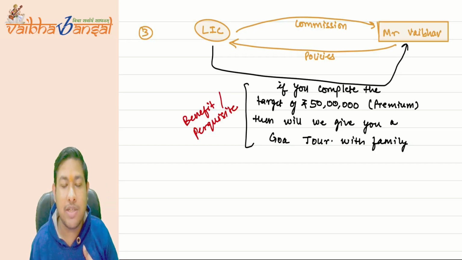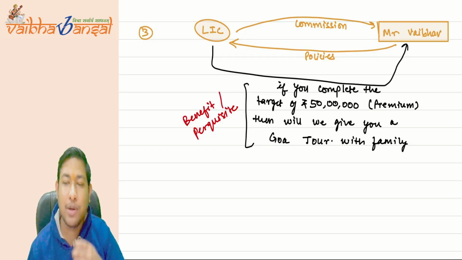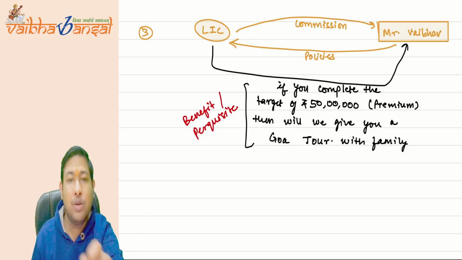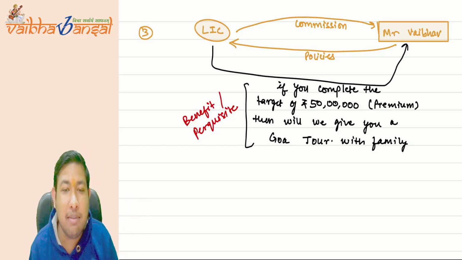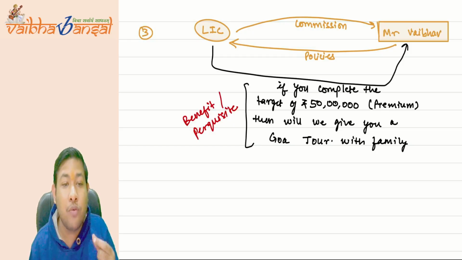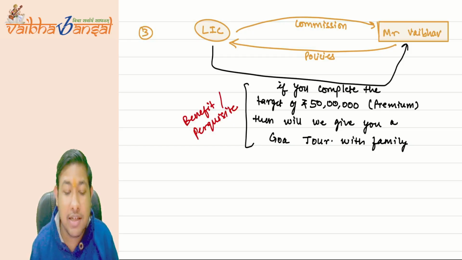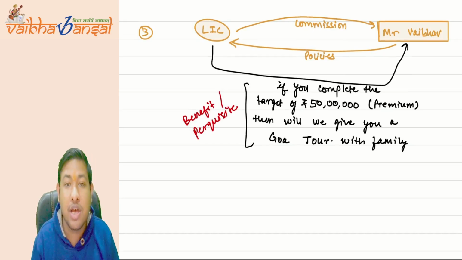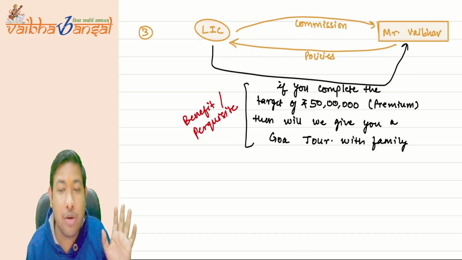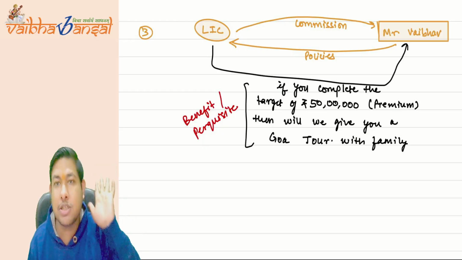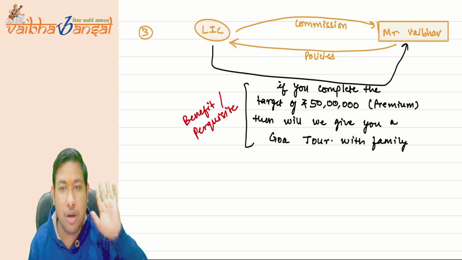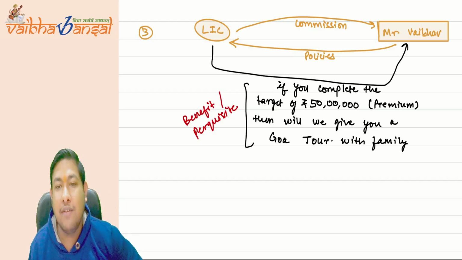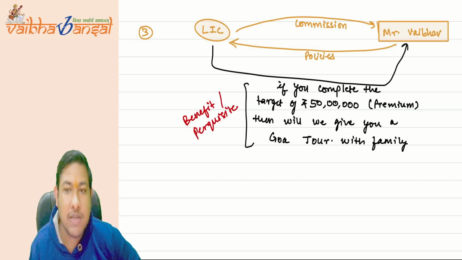So what did the government say? The government said, okay, no issues. If you are earning any benefits or perquisites in relation to your business or profession, then it will be taxable under the head PGBP.